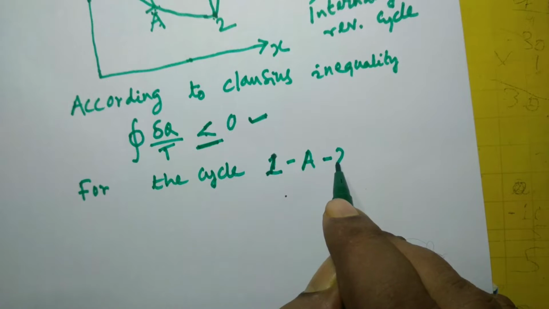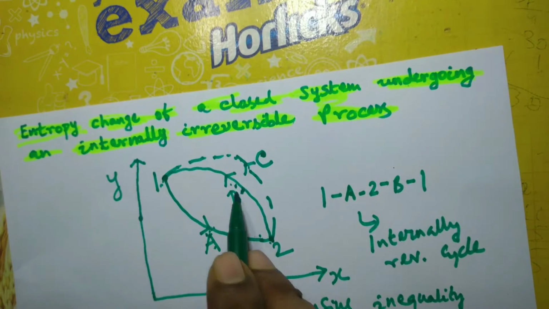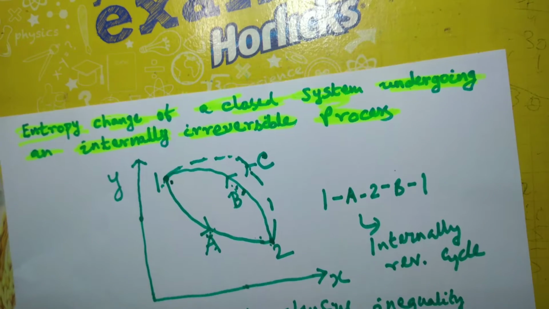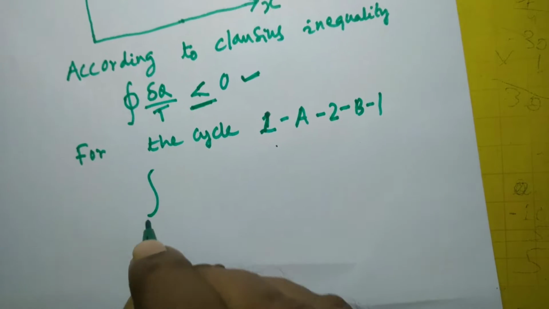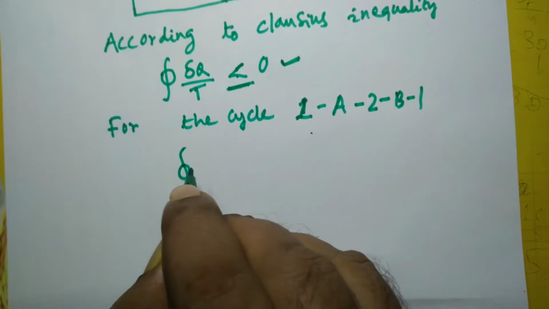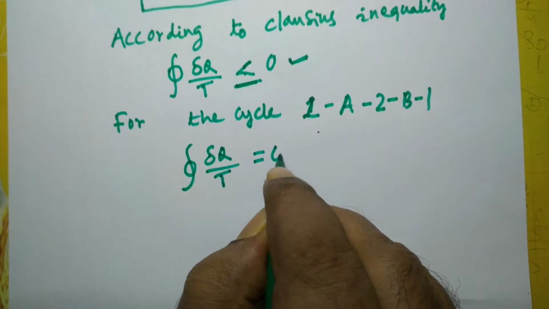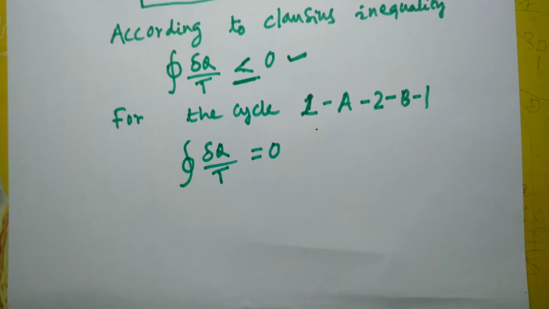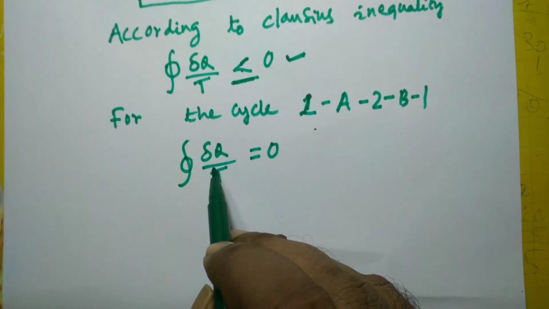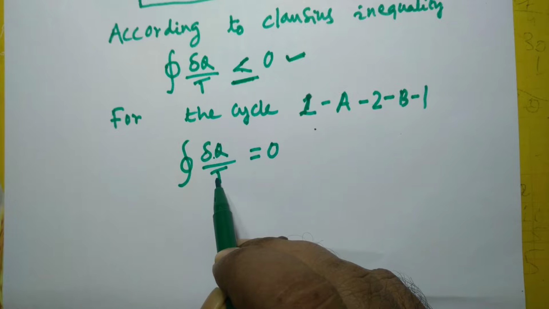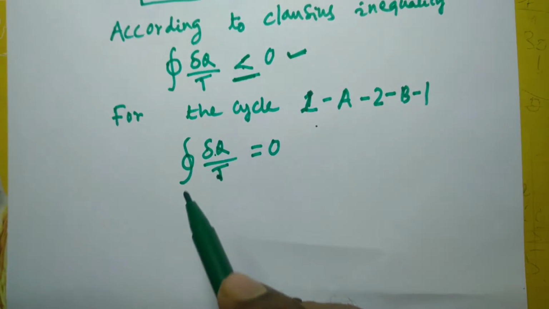1A2B1, this is a reversible cycle. So for this cycle, we can write the cyclic integral of del q by T equal to 0. The cyclic integral of del q by T is nothing but the summation of del q by T calculated along the various paths that constitute the cycle.